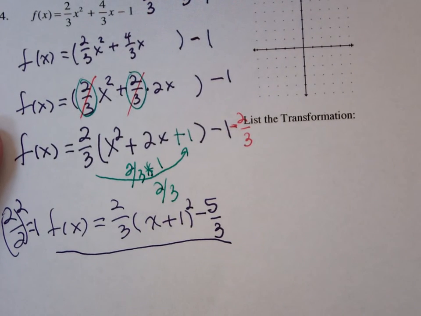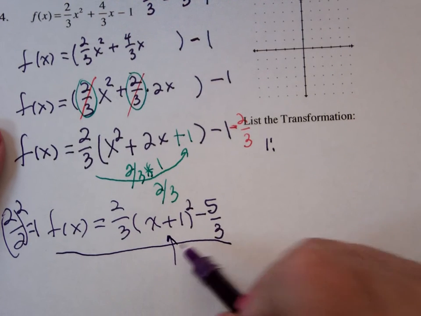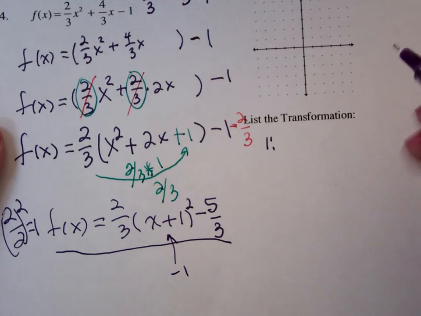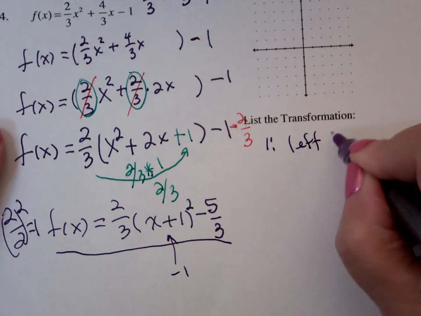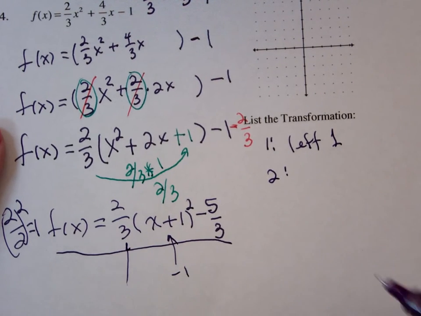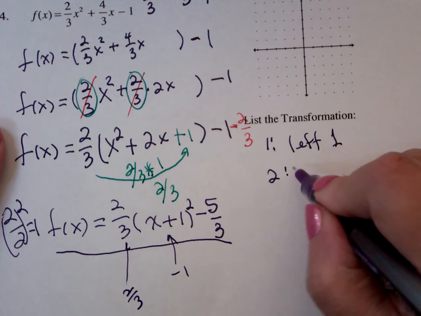So if I list the transformation, I start from the inside, and what do I have? I have a minus 1, so it's left 1. And then I come out to here, and I have a 2/3, and what kind of a shrink is it?